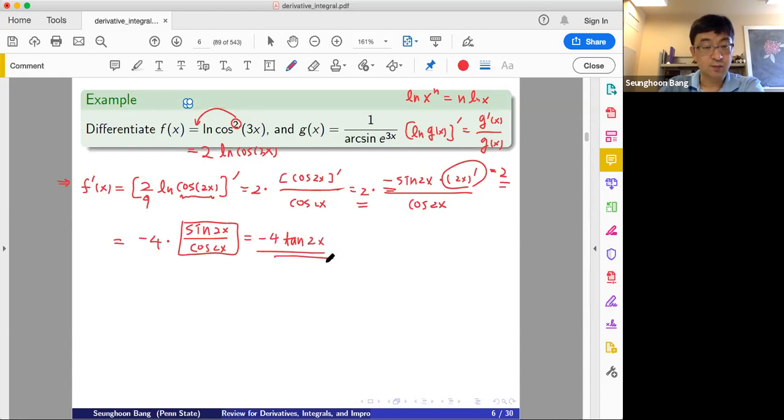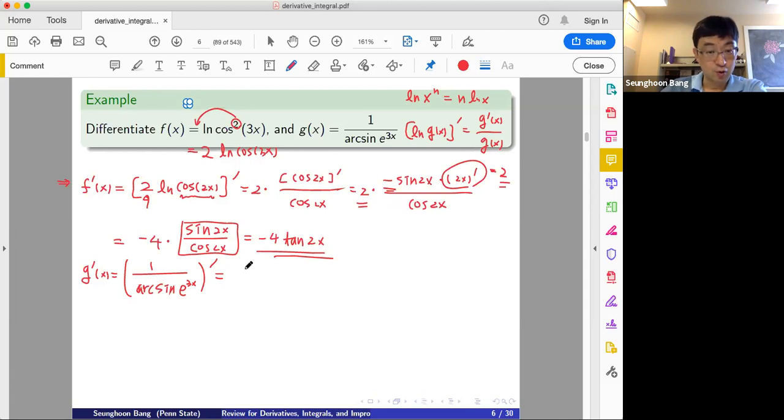This is the idea. The next one, g of x is given. How can you find g prime of x? The g of x is 1 over arc sine of e to the 3x, the prime. We have two possibilities: you can use the quotient rule or the power rule.